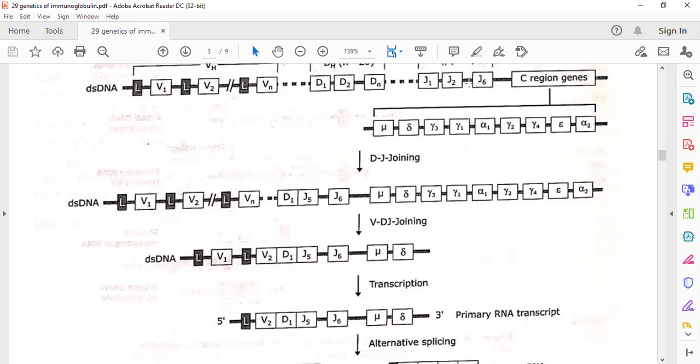So after a nuclease cut between J1 and J5, J1, J2, J3, and J4 will be removed from this DNA molecule and they will be rejoined by the DNA ligase. So here D1 and J5 will be joined. So first in the DJ joining, D1 is joined here and a cut will be made between J1 and J5.